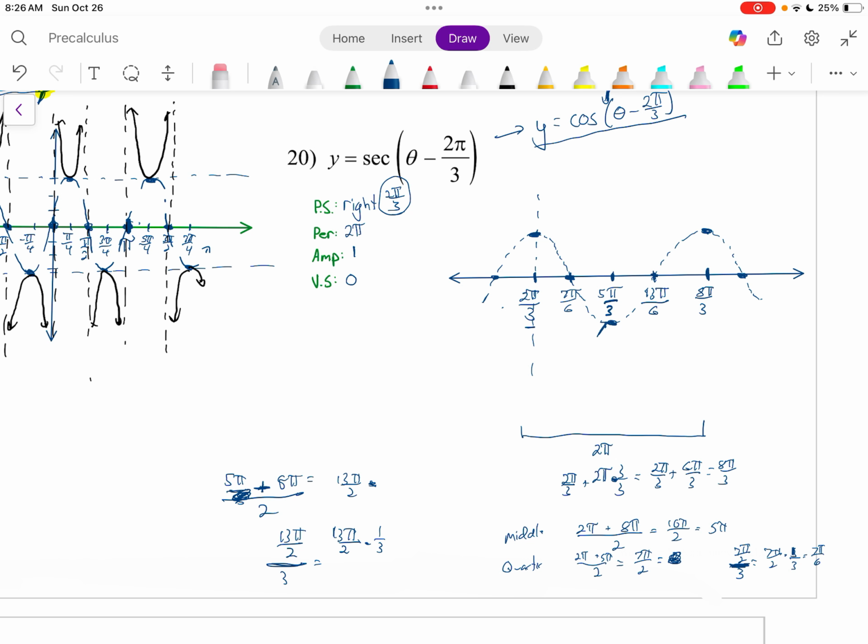So now let's change to black. I don't want this dashed line to mess us up. That is not one of our asymptotes. So I'm going to change to a different color. Black is going to be the ones that represent the asymptotes that we want. I'm trying to make them a little bolder. So vertical asymptotes go wherever our cosine graph crossed the x-axis.